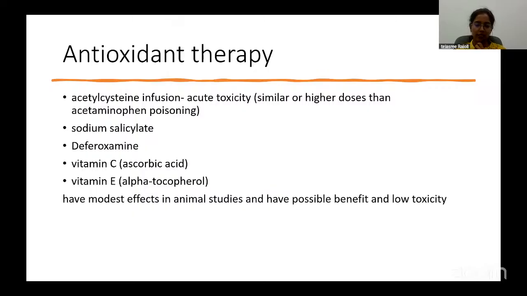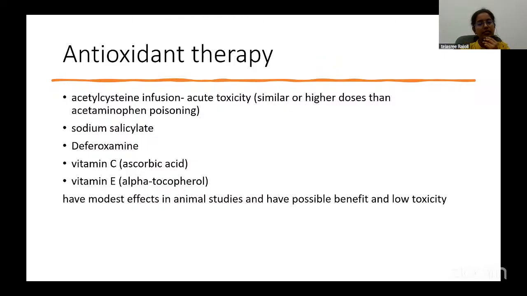Other antioxidant therapies which have been used are acetylcysteine infusion, usually the same dose as that used for paracetamol poisoning, sodium salicylate, deferoxamine, vitamin C, and vitamin E. There are no fixed dosing protocols for these drugs, as there are no appropriate studies or randomized trials suggesting the dose.